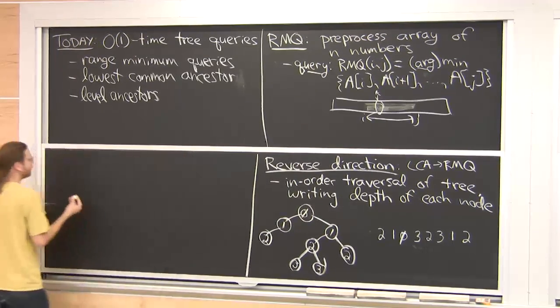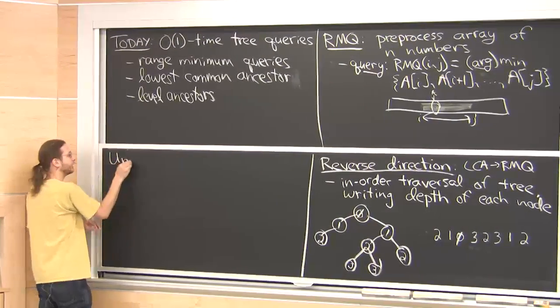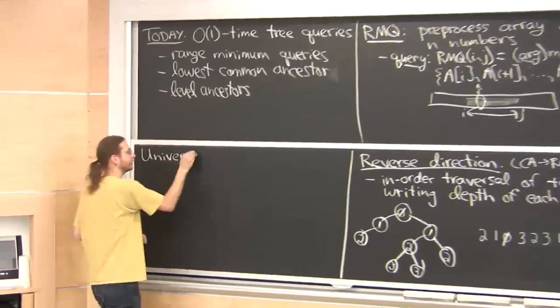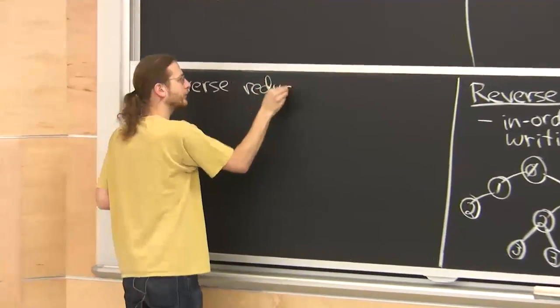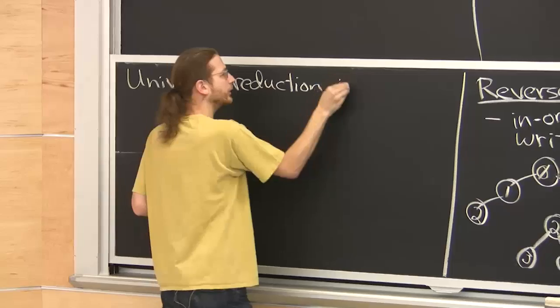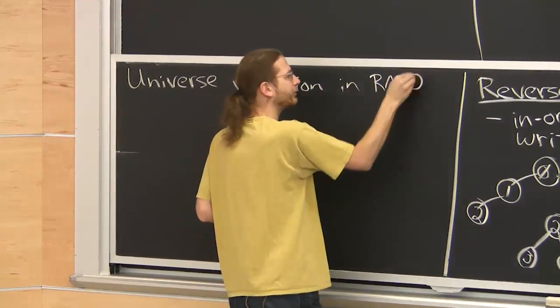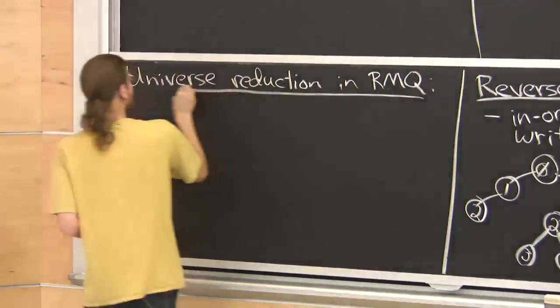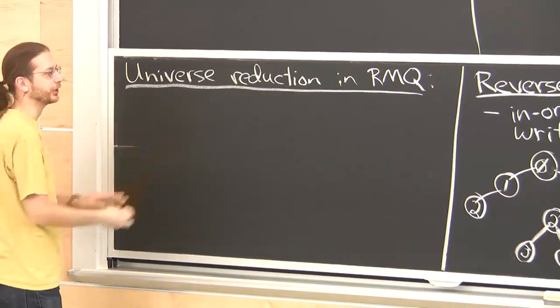So a fun consequence of this is you get a tool for universe reduction in RMQ. The tree problems don't have this issue because they don't involve numbers, they involve trees. And that's why this reduction does this.